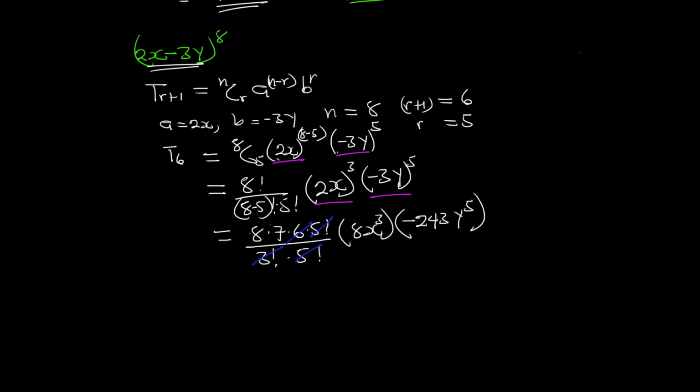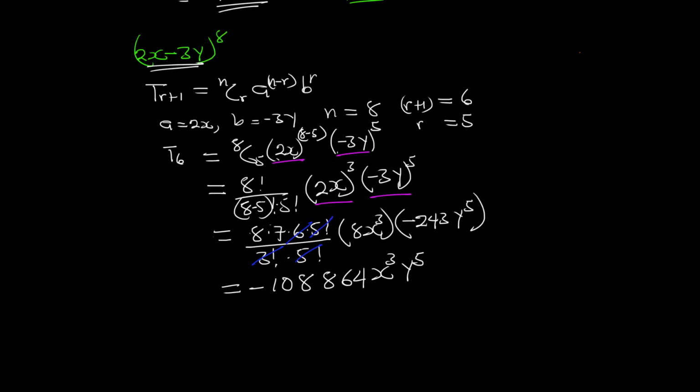It cancels 6 here. So this is equal to 8 times 7, which is 56, times 8 times 243. That gives us negative 108,864 x cubed y to the power 5.